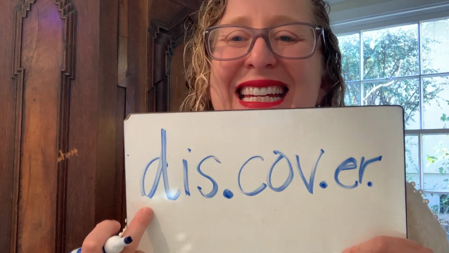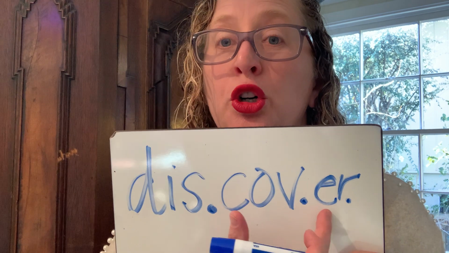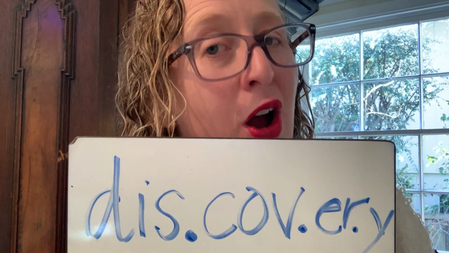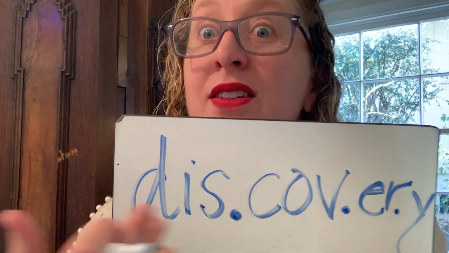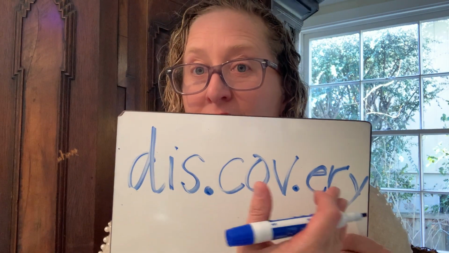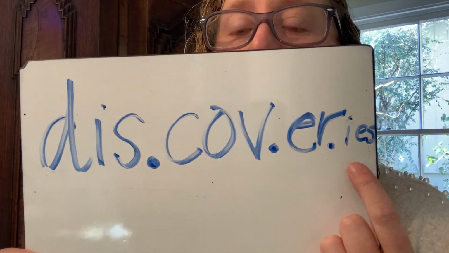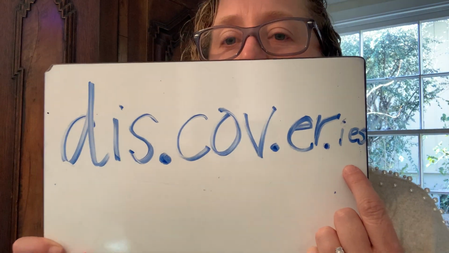Starting from the beginning, discovery. Discovery. Paleontologists make discoveries. If I was going to change it to discoveries, I would get rid of the Y and add an I-E-S. Discoveries. Wonderful. Let's do one more.